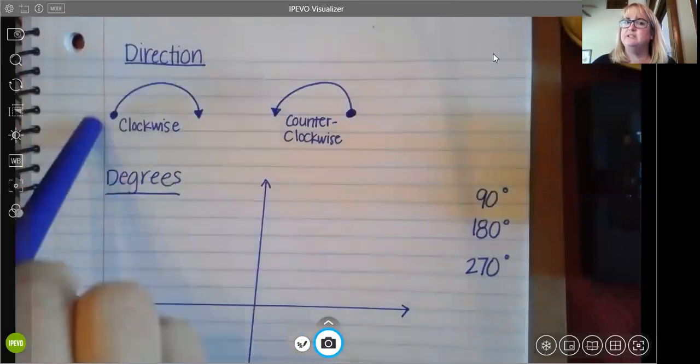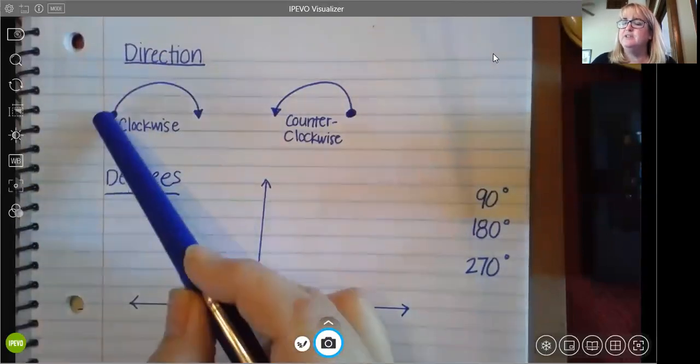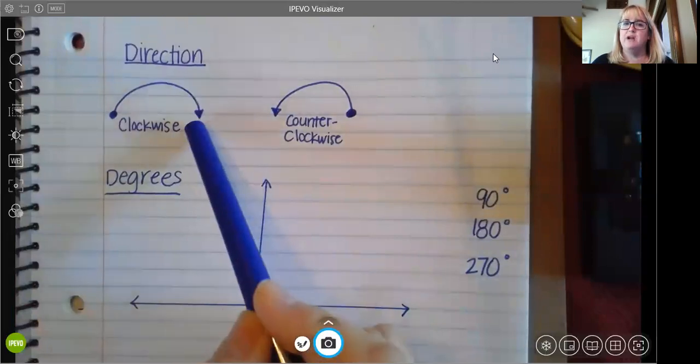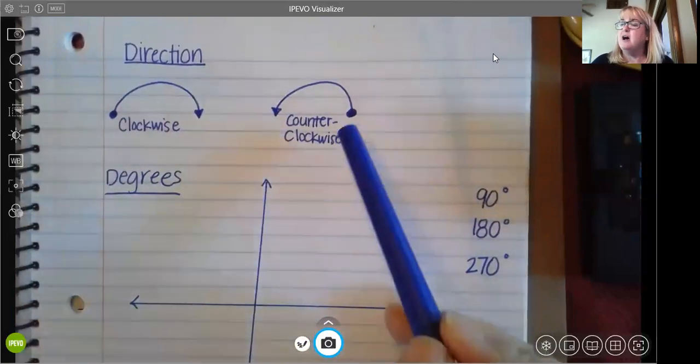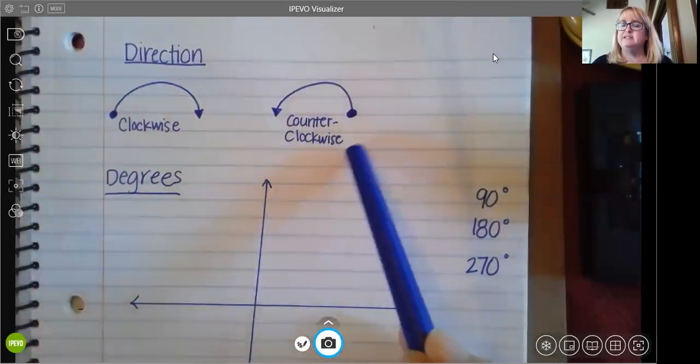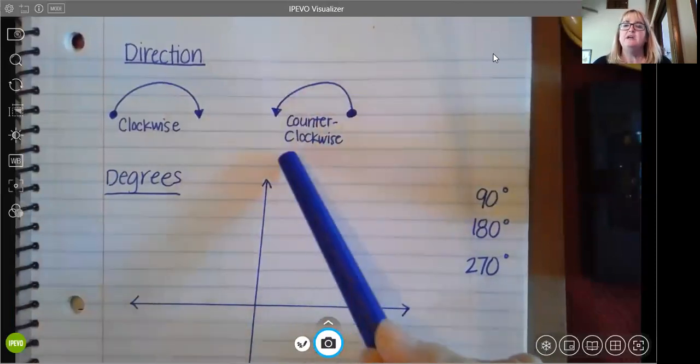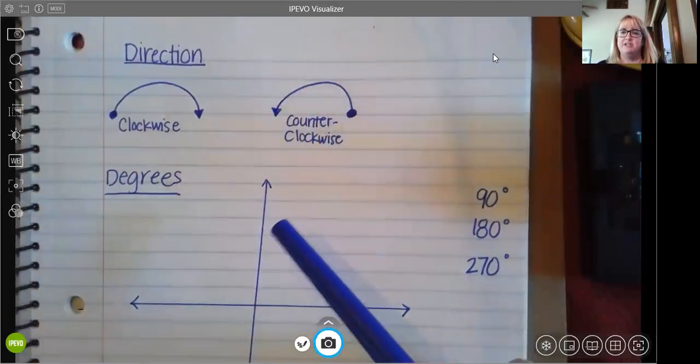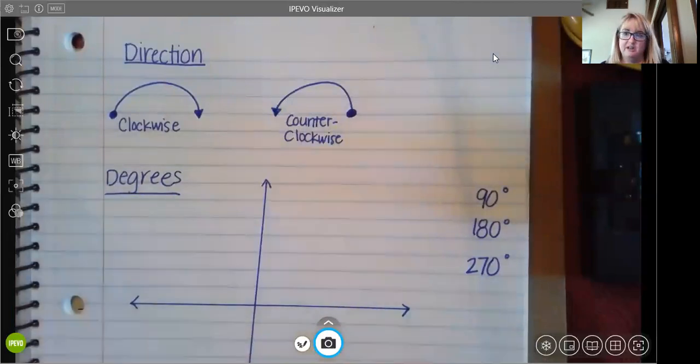It keeps going to the right. So this is clockwise. If this is your starting point, you're moving to the right. The opposite is counterclockwise. That is moving to the left. So when we're talking about rotations, we are talking about the direction of the turn, and the direction can be clockwise or counterclockwise.